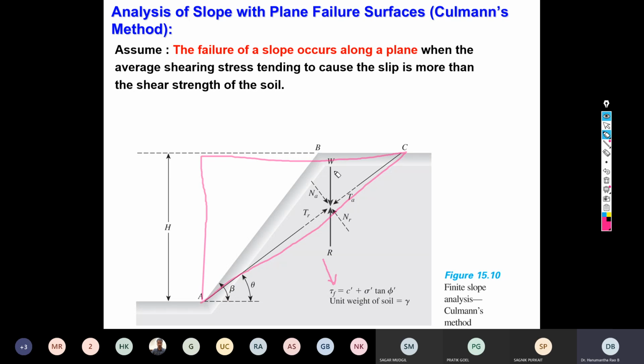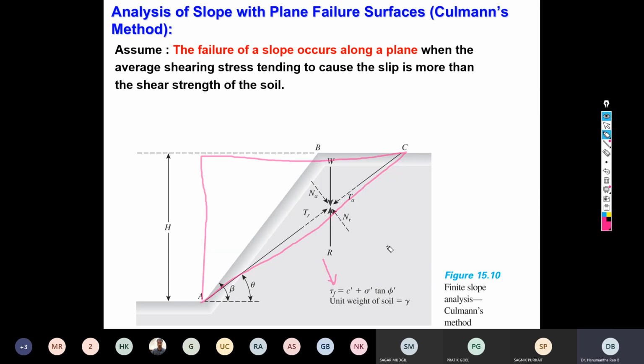As you can see here, W is in the vertical direction and the reaction is also vertical but opposite to W. We can resolve W into two components, a normal component and a tangential component. The tangential component lies along the failure plane, and the normal component is perpendicular to the line AC.